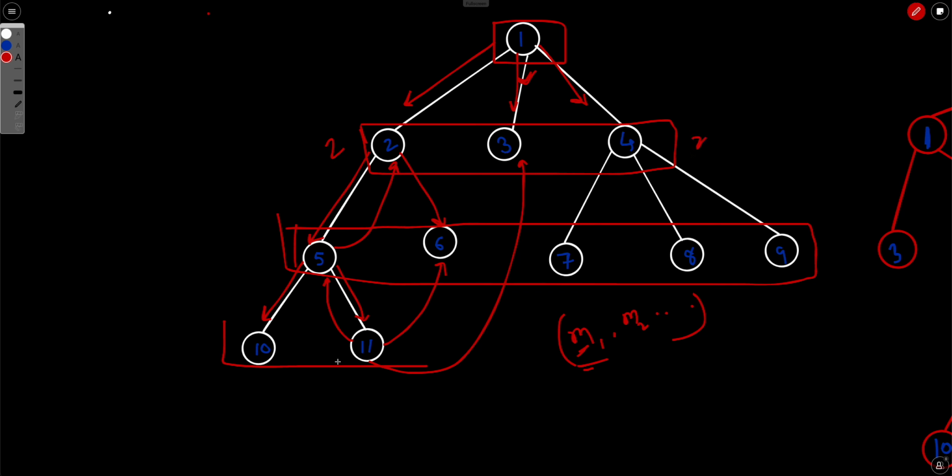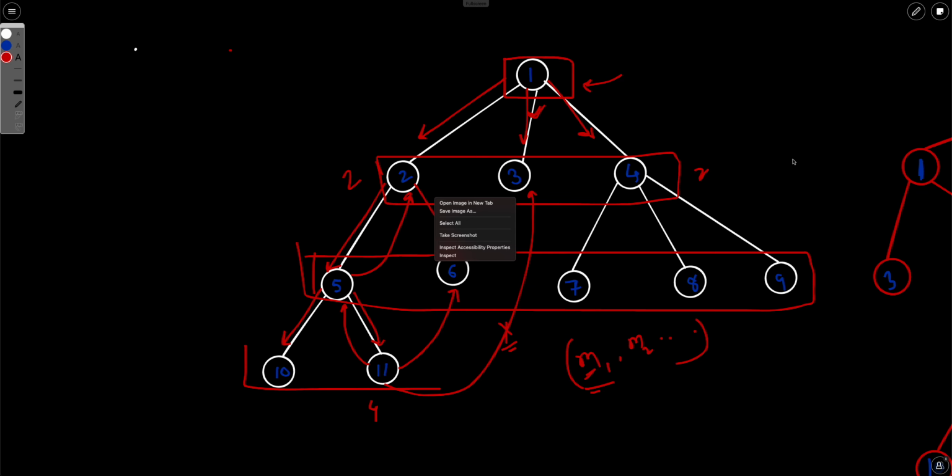Now, if this edge requires that a node in group 4 should connect to a node in group 2, this is not a valid edge at all. Because of this, there is no possible valid configuration that you can make which has root node as 1, and you will just return -1 for root node 1. You will still try other possible roots and you might get valid configurations, but for root node 1, that is not a valid configuration. Okay, so hope this makes sense.